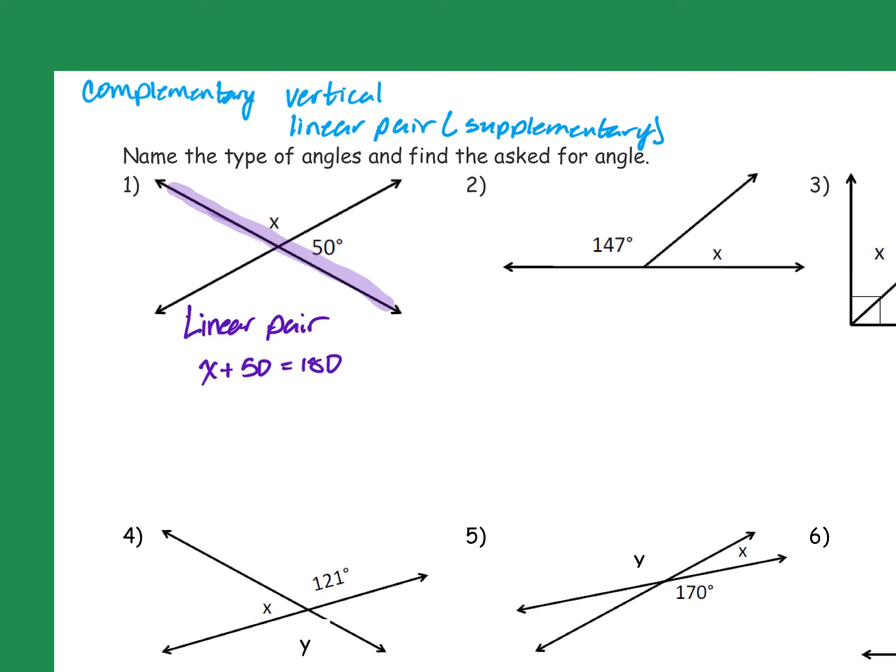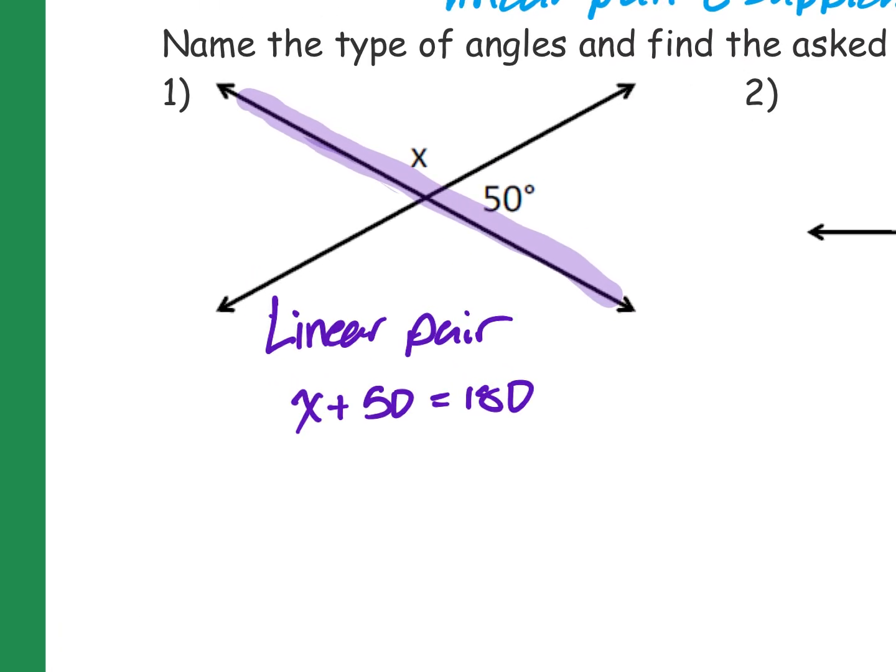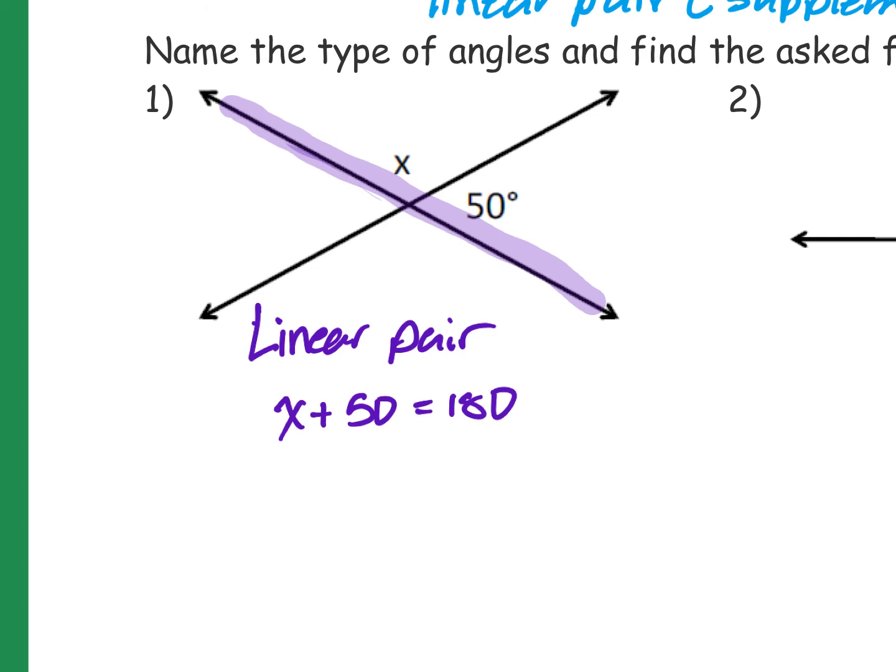Those two angles added together have to equal 180. And then what do I do? Of course, what we've been doing the whole time is subtract 50. So it's going to be 130 degrees. And that's it. We just wrote it out a little differently because tomorrow we're going to have some more things in there and we're going to have to do a little bit more.